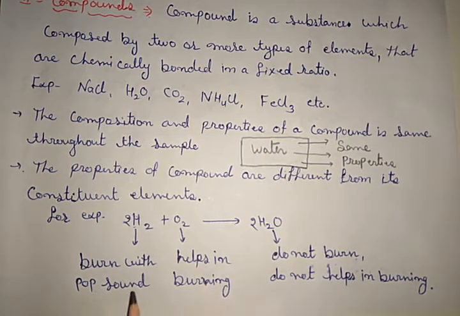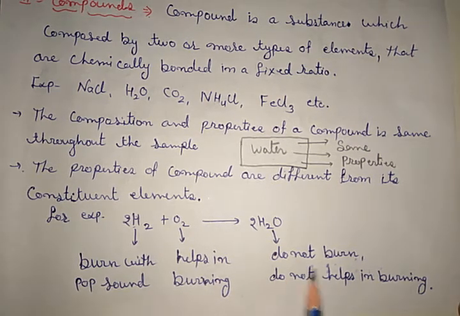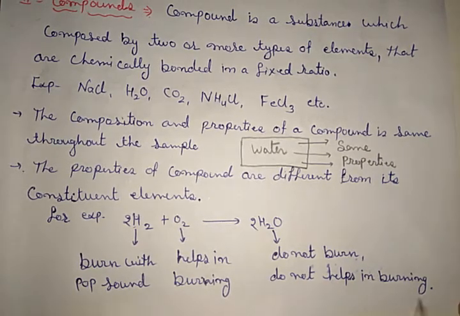Oxygen gas helps in burning, but water does not burn. That means it is non-inflammable and does not help in burning. Got it? So its property is totally different from its constituent atoms.